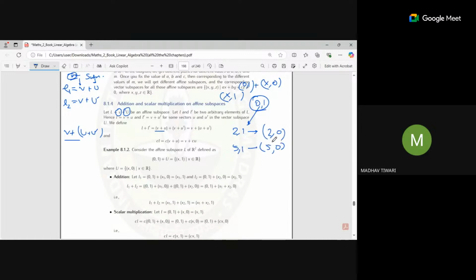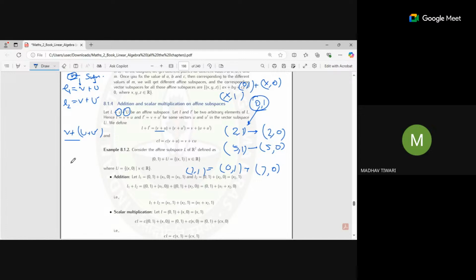You know how to add in subspaces: add the first component with the first and the second with the second. But now you have to convert the result back to the affine subspace. You need this point to be in the space from which you took the points, so you add 0 comma 1 again to get the answer.